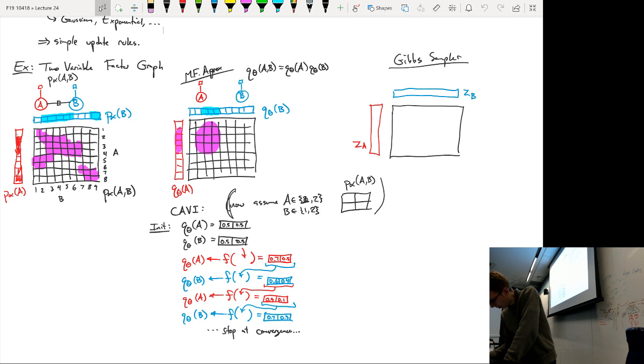And then we had some joint estimate of the whole vector, the vector z consisting of ZA and ZB.